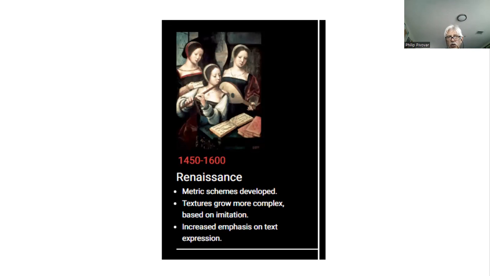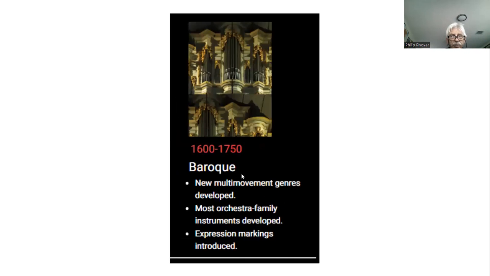And during the Renaissance, there was a questioning of religion and the purpose of us being on earth. And so 1600 is the end of the Renaissance and the beginning of the Baroque period. And 1600 is the invention of opera. And so most of these dates surround some event. And then 1750 is the death of Bach.